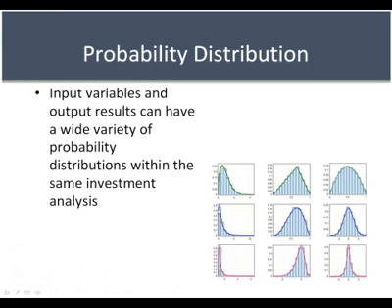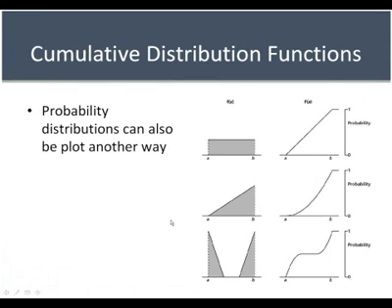Some other variables, it might be a sharper thing. It might be higher on the left side. It might be really tall and not much of a normal distribution. And this is just another way of representing the probability of a variable being a certain value.